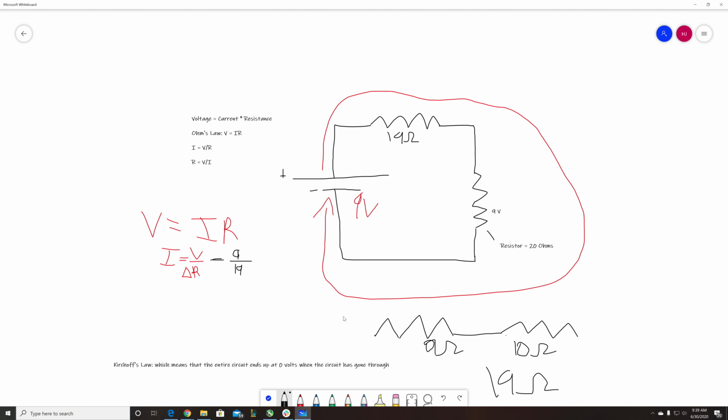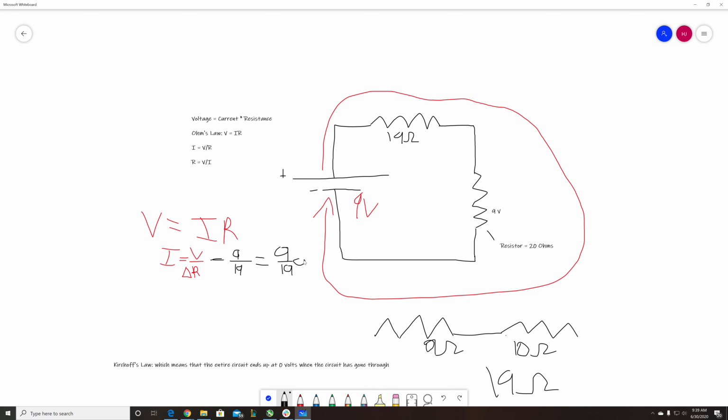Resistors in series look somewhat like this, basically just lined up, like a line. So it's 9 over 19, which is 9 over 19 amps. You can do the math later, but that's not the key point.